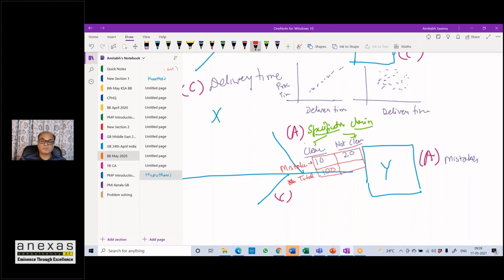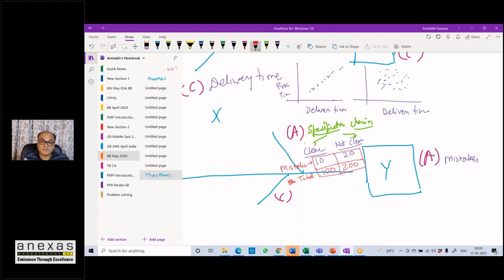Out of 100 procurements, when the specifications were clear, we committed 10 mistakes. And out of 200 procurements, when the specifications were not clear, we committed 20 mistakes. Now, based on this, what do you feel? Is specification clarity impacting my number of mistakes or errors in my procurement?